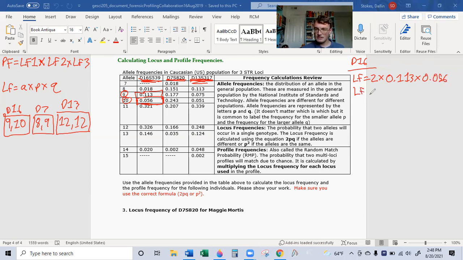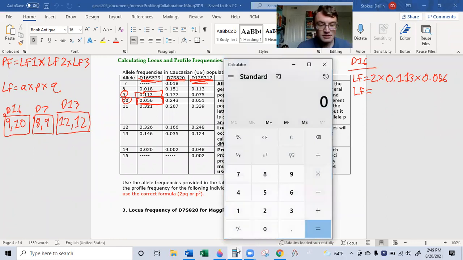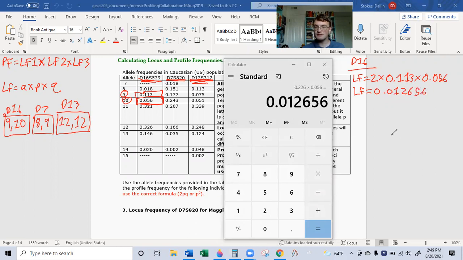So the locus frequency of having a 9-10 combo at D16 is 2 times 0.113 times 0.056. Okay, so the locus frequency for D16 is 0.012656, according to my calculator. So that's number 1.